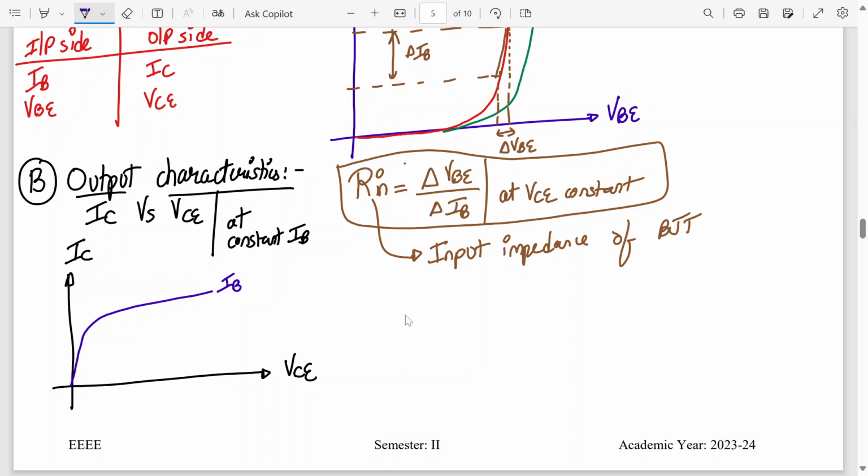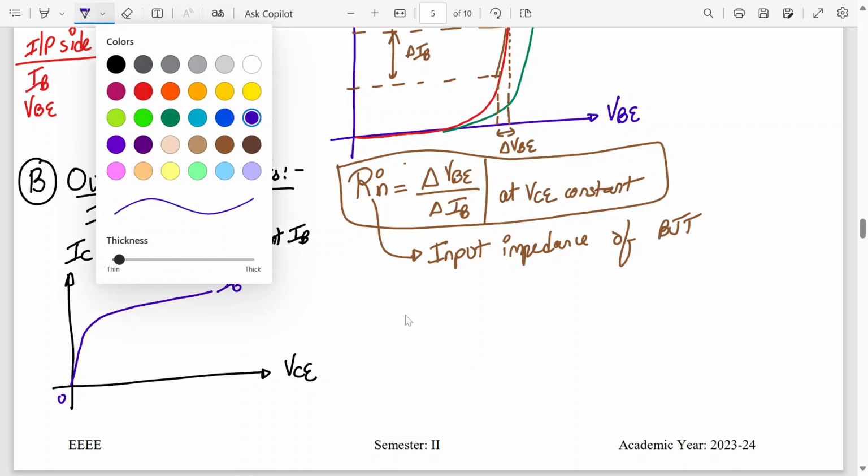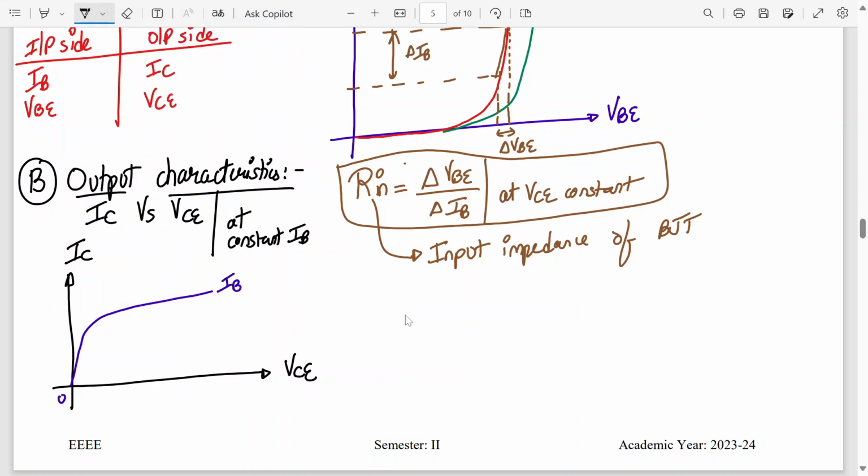All right. So what information do you get from the output graph? If I take this slope, this value is delta VCE and this value is delta IC.